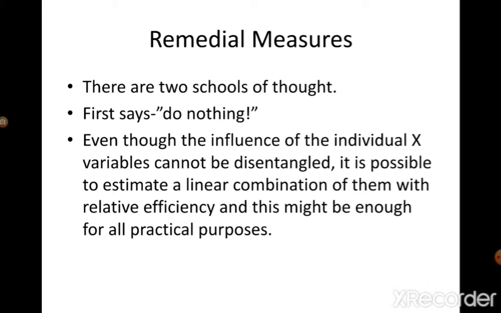By relative efficiency, I mean that the linear combination that has been estimated using the OLS procedure is still BLUE. So for practical purposes, sometimes this might just be enough. And if that is the case, then we follow the first school of thought, which says do nothing, do not bother about the multicollinearity.